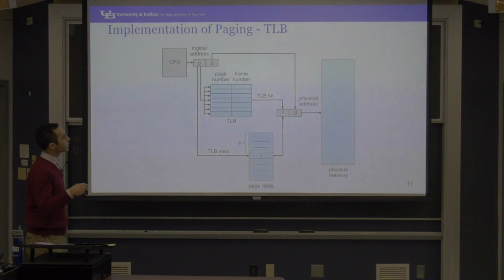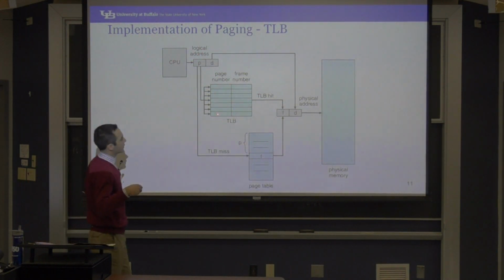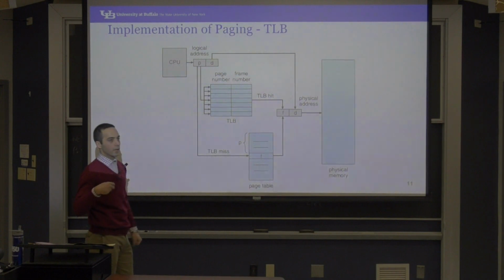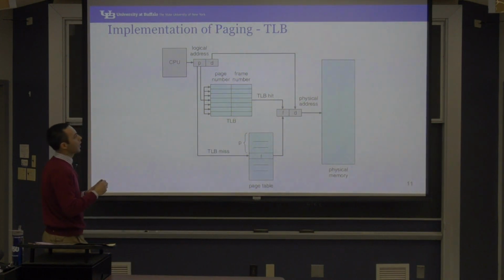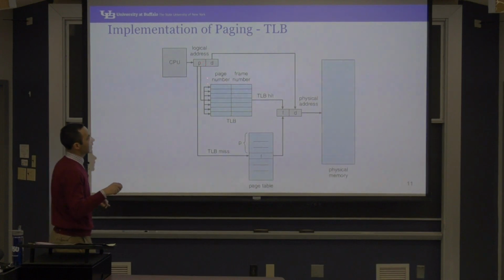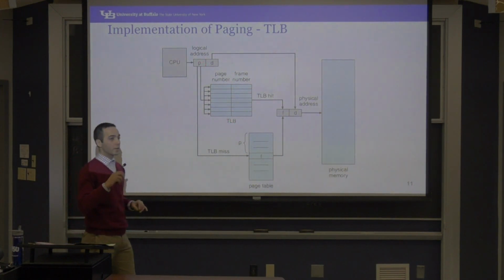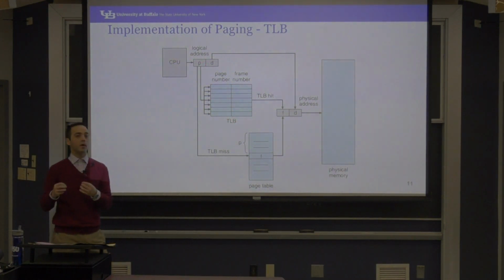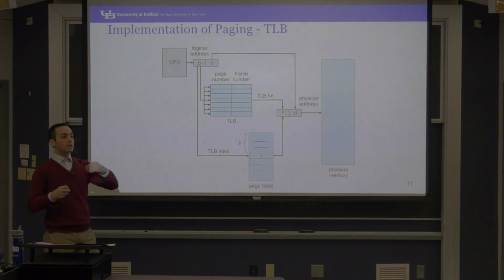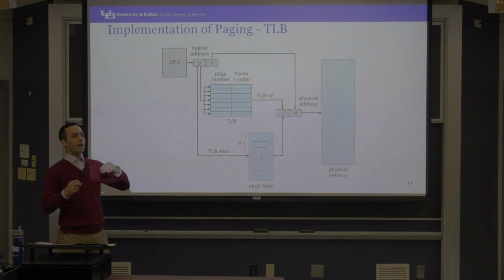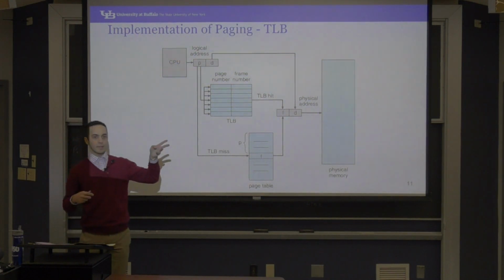So let's see. This TLB is in the CPU chip itself. When a logical address is generated by the CPU, first it looks at the TLB. And one good thing about the TLB is that, because it's implemented in hardware, the address is compared simultaneously.